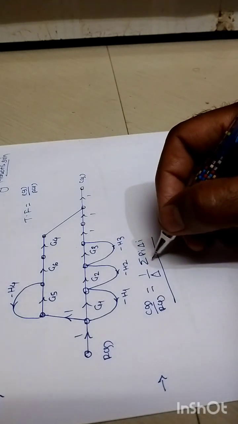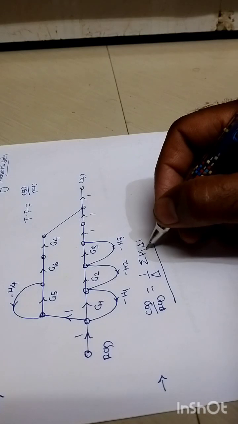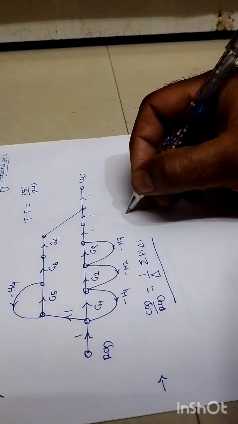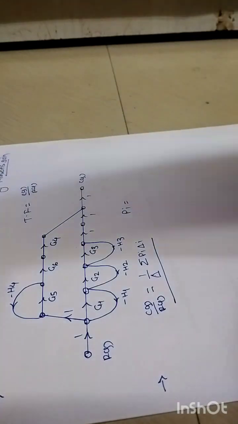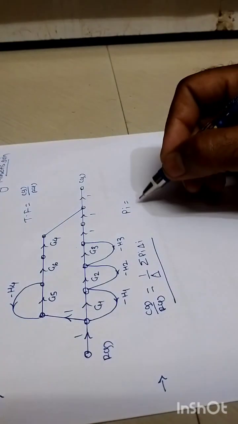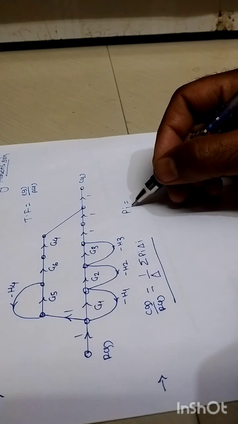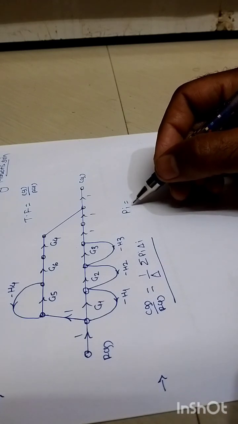First, we have the summation sign, which is iterated for i number of times. What does P suffix i stand for? This Pi is the gain of the ith forward path.